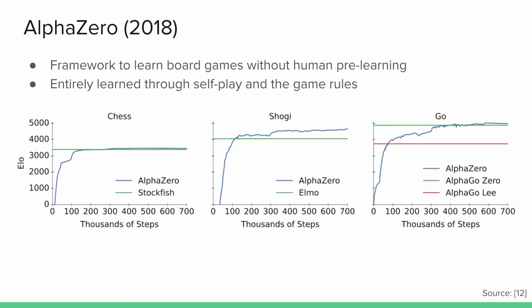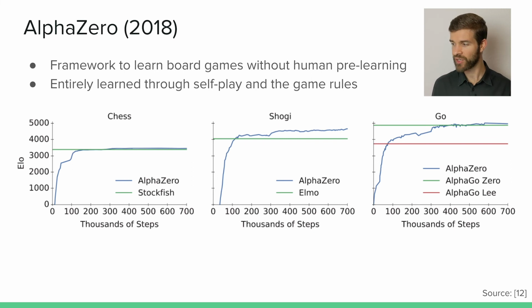And what you can see here is for 3 different games, chess, shogi, and Go, that if you train it for a certain number of steps, they will become better than the baseline that they're using. So what you can see here is this Elo, the rating system, which is a relative skill level for players in zero-sum games. And it postulates that each player's skill can be modeled with a normal distribution with a certain center.